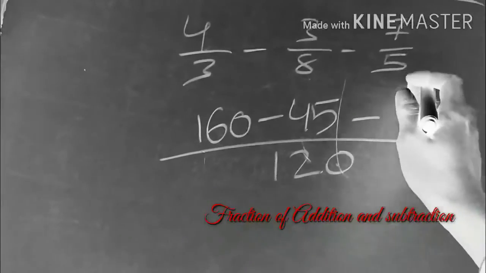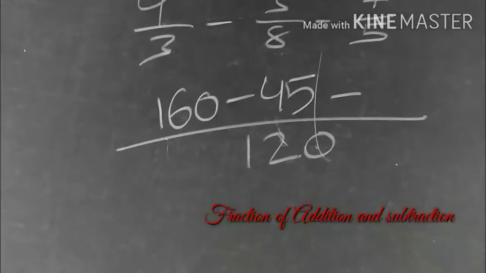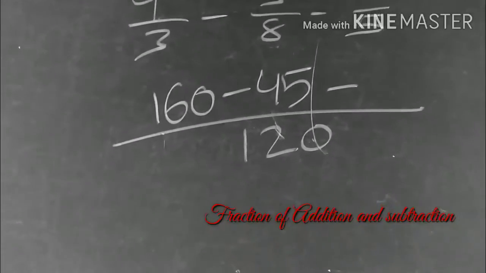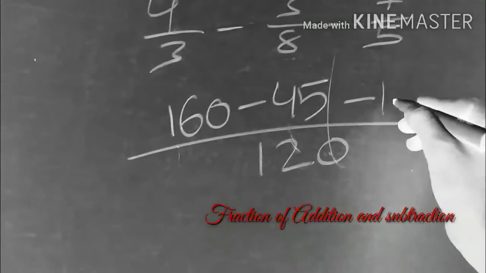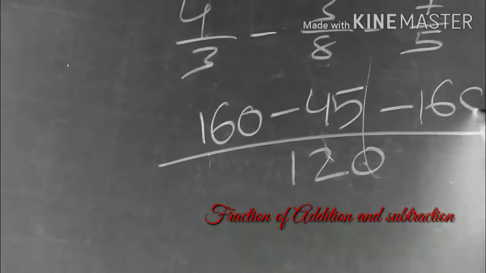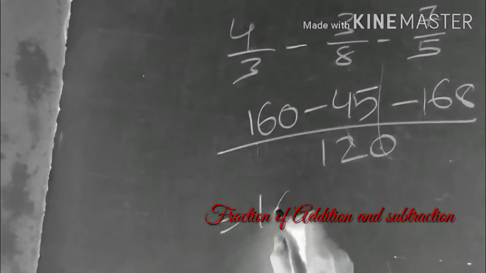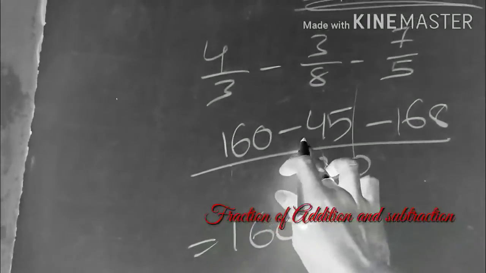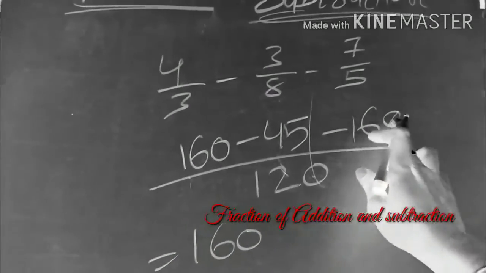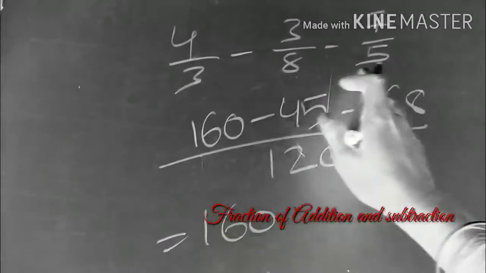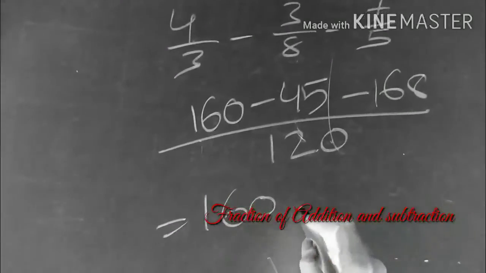Minus 5 divided into 120, 5 times 1 is 5, 5 times 2 is 10, 5 times 4 is 20, 24. That multiplied by 7, 168. 168. Now the 160 is common. Minus 45 minus 168. This is the same sign. Minus, minus. So we will calculate these two parts because minus minus is the same sign.